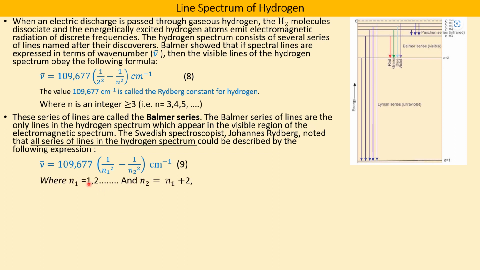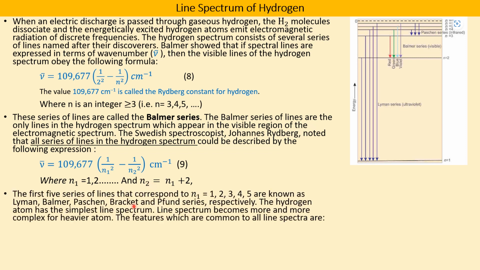Here n1 is equal to 1, 2, etc., and n2 is equal to n1 + 1, n1 + 2, etc. The first five series of lines that correspond to n1 equals 1, 2, 3, 4, 5 are known as Lyman, Balmer, Paschen, Brackett and Pfund series. Out of these, Lyman, Balmer and Paschen are shown in the diagram.